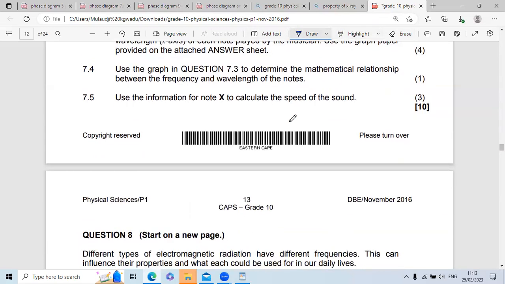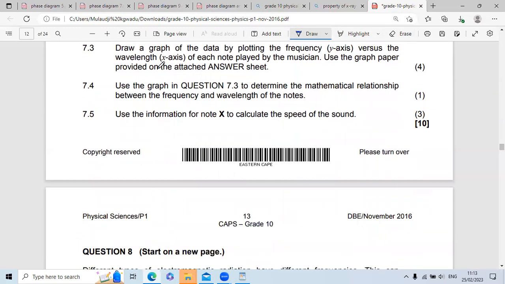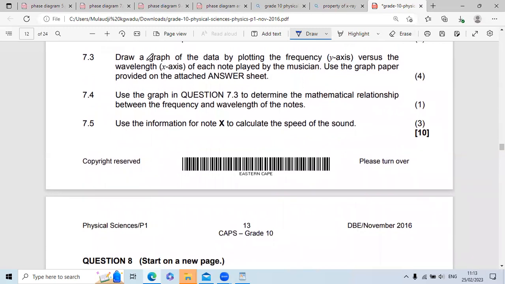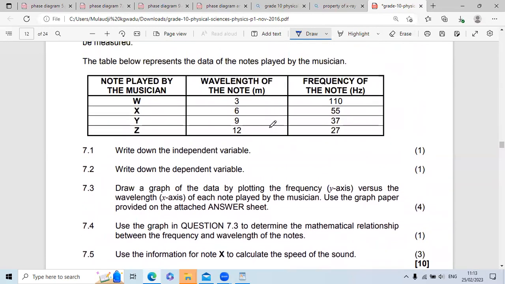Now we're going to try to draw the graph. Basically you're going to start plotting, with frequency increasing going upward and wavelength increasing going to the right.